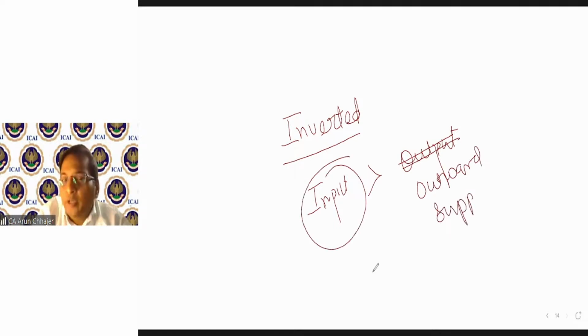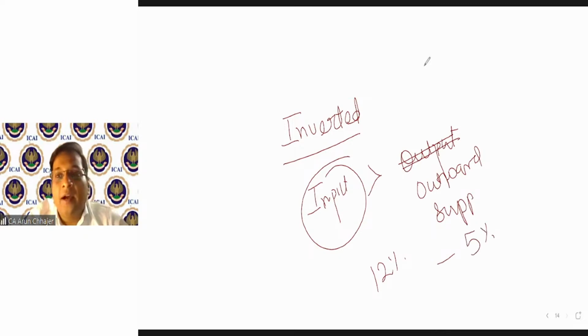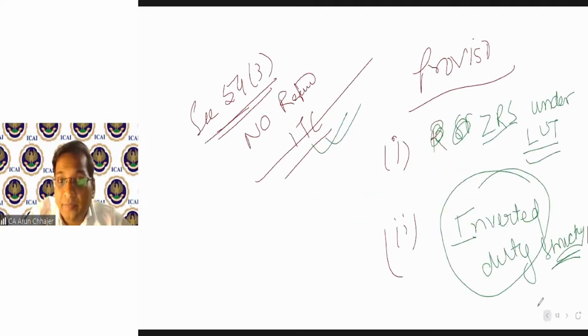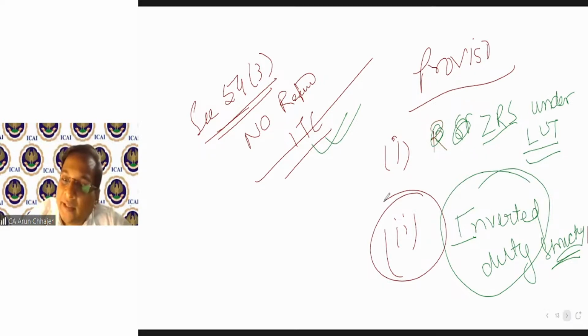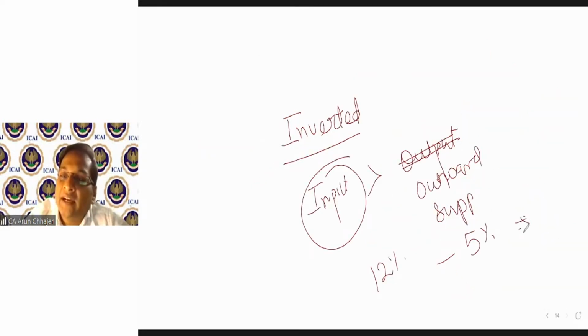If my rate on input is, let's say, 12%, and rate on output is, say, 5%, then in the second clause of the proviso to 54(3), government is saying you are entitled to take the refund of ITC.